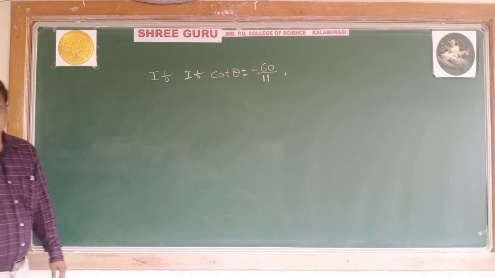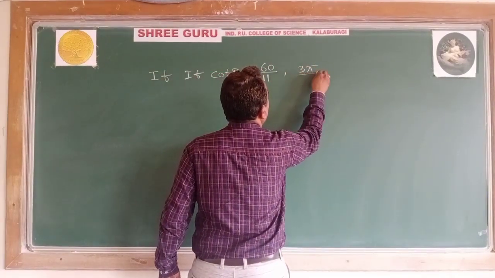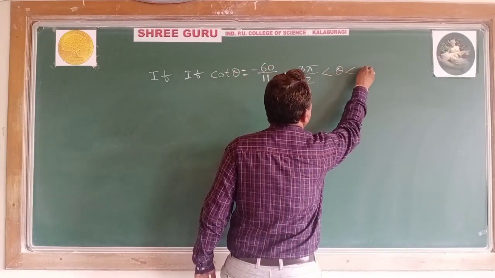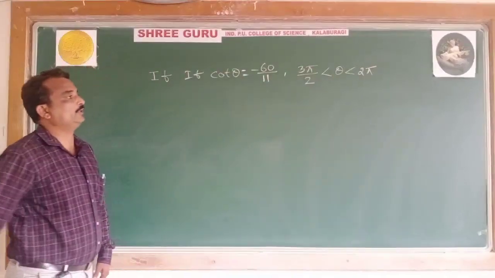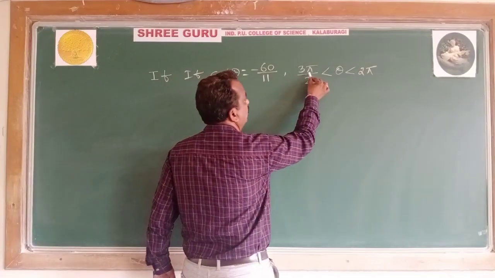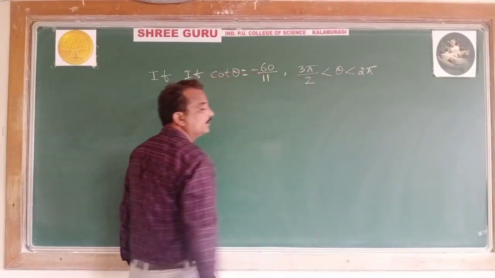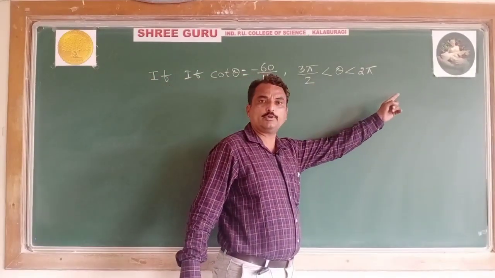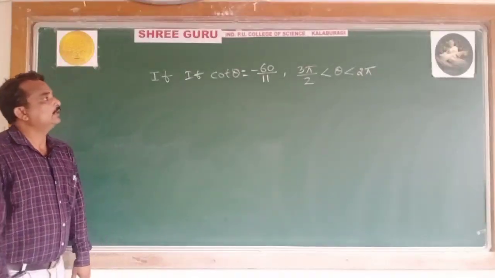Theta is negative in either the second or fourth quadrant, but it is given in the fourth quadrant, more than 3 pi by 2 but less than 2 pi. Which quadrant is it? Fourth quadrant. In the fourth quadrant, cot theta is negative.